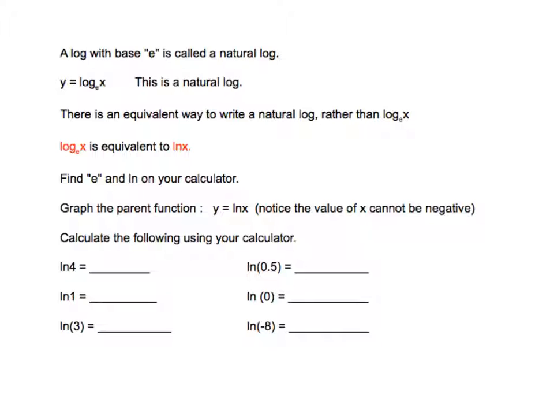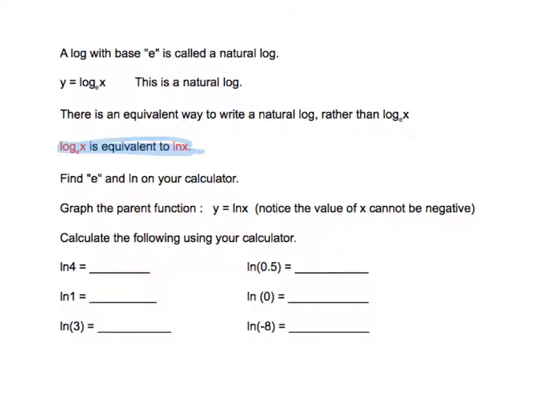A log with a base of e is called a natural log. So basically, these two things that I have in red here are the exact same thing. Y equals log base e of x is a natural log. So log base e of x is equivalent to ln of x.